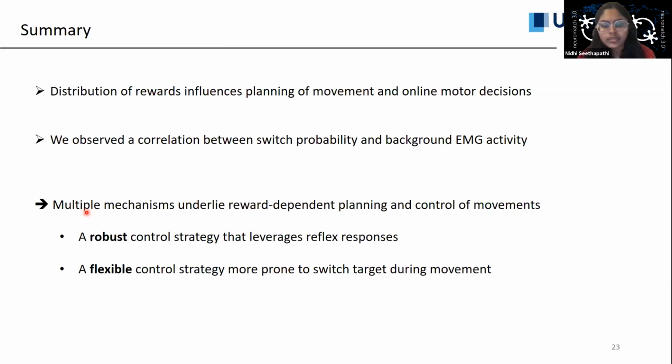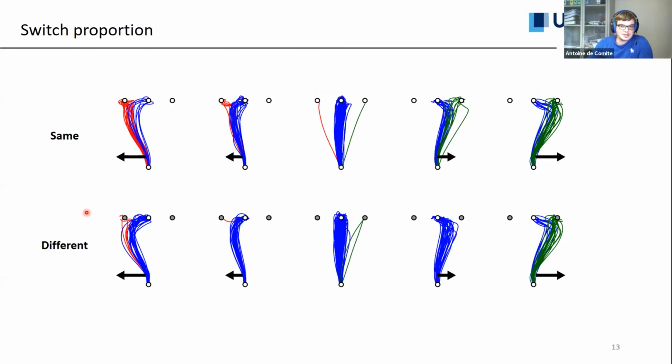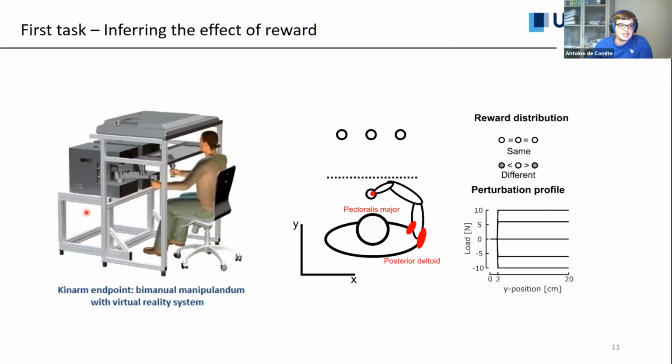There you go. So the question says, did you check the triceps EMG activity, Antoine? So in previous experiments, so if we go back to this slide here, we checked the activity of the triceps. The problem is that participants were free to put the elbow as they want. So if we record triceps activity, we don't have stereotyped responses as we have for the pectoralis major.